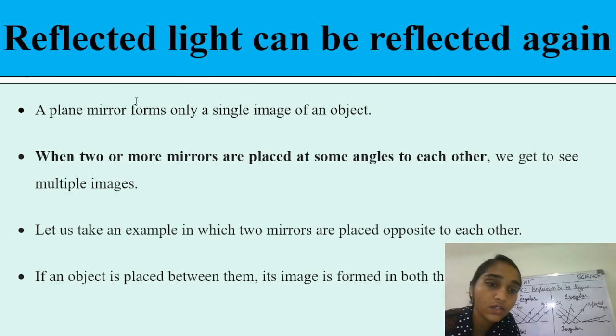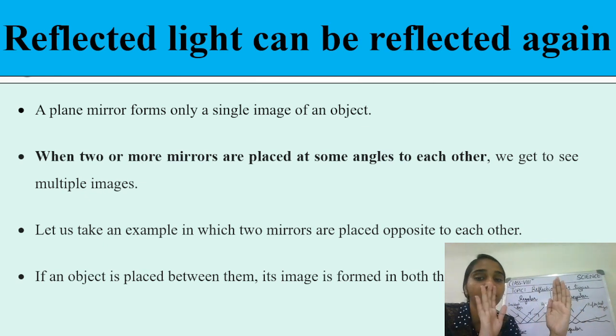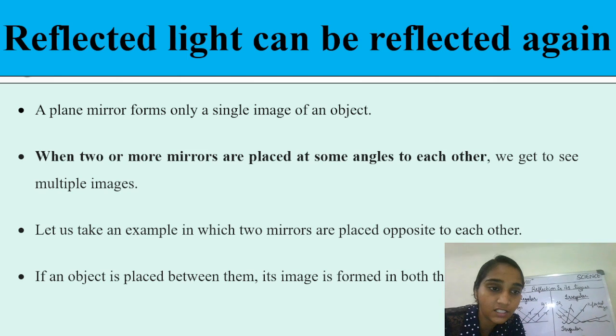So basically, students, a plane mirror forms only a single image when we have only a single plane mirror. When two or more mirrors are placed at some angle to each other like this, we get to see multiple images, like in the barber's shop.